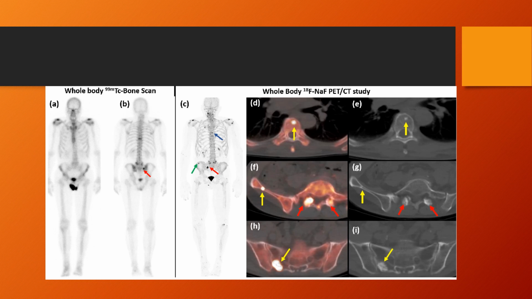So H and I down here at the bottom are axial CT and sodium fluoride images of the pelvis, and it shows abnormally increased activity in the right sacrum. So all of those areas that we're seeing on the maximum intensity projection images did correspond to metastatic lesions.